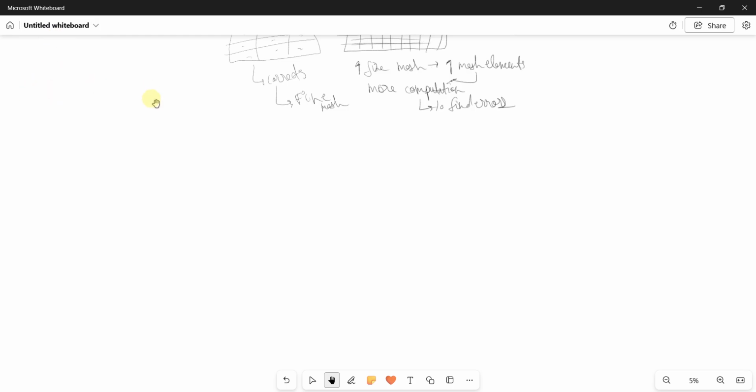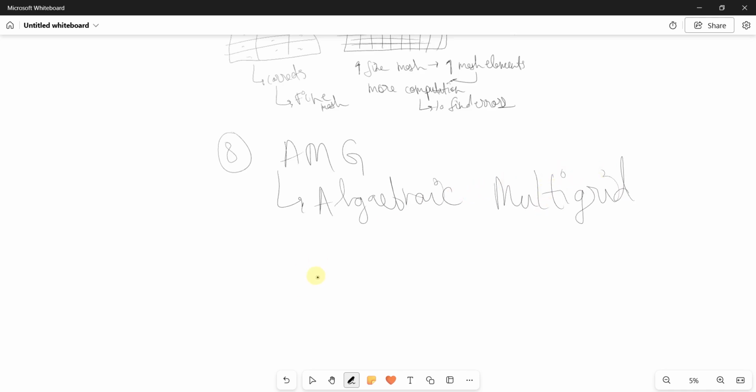Instead of directly physically modeling these meshes, what if you just use the maths behind it? So now you have this new method. It's called AMG, that is algebraic multigrid. So whatever multigrid did physically, this would just do it mathematically.